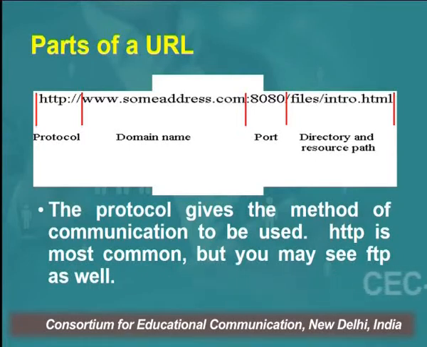Sometimes this is not shown, but this is the point or the socket where the connection will happen. Generally when we talk about HTTP, the communication will happen on port 80, and then finally you give the complete directory and the resource path, that is the complete path of the file on the server. So when we are talking about the URL, we talk about all these different things.